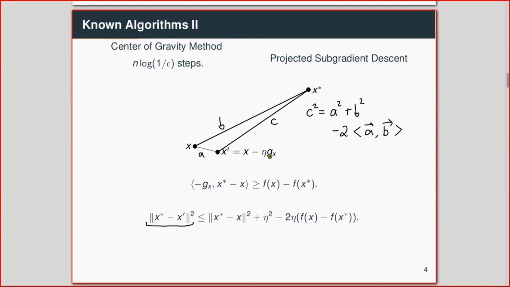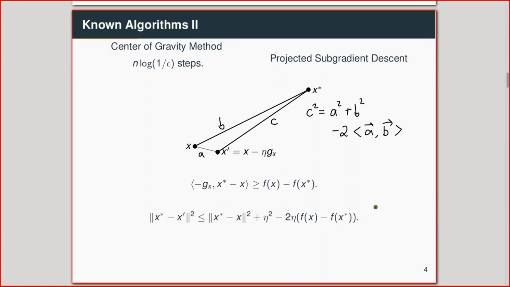Now, since our gradient is at most 1 in any direction, A squared is at most eta squared. B squared is the distance from x to x star. And the minus 2 A inner product B that we have by the above formula, it means that we're at least subtracting this quantity. So we might be subtracting more. This left side might be larger than the right side, but we're at least subtracting this quantity. Right. So this is the guarantee that we have.